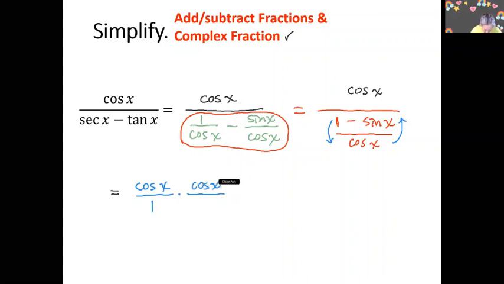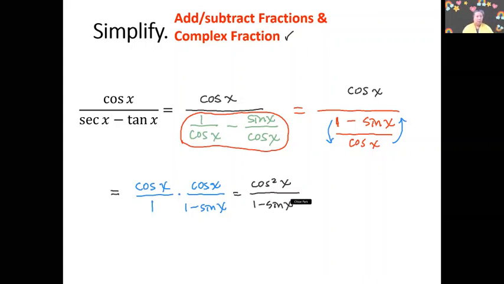Now it's 1 minus sine x on the bottom. Then when you multiply fractions and you multiply numerator, numerator, denominator, denominator, the next step will be cosine square x. You multiply cosine x and cosine x. And then 1 times 1 minus sine x is 1 minus sine x.